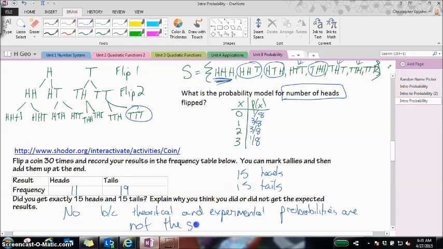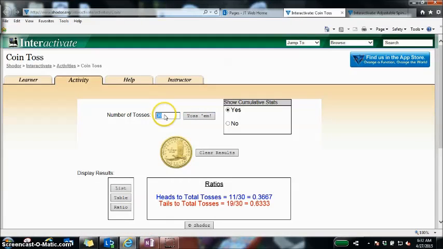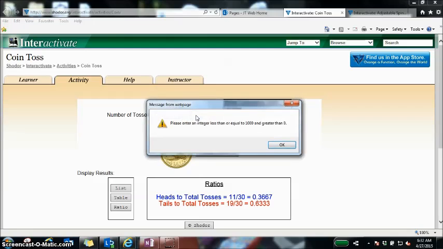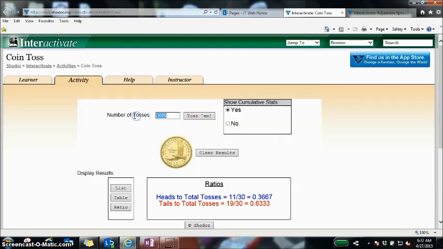What we expect and what happened is not exactly the same. If it was, we'd all go gambling and win a bunch of money. But as n gets closer, as we keep increasing, we keep doing this experiment, should we get closer to 50%? So let's make this 3,000. I guess they won't let me do 3,000. We'll toss it 1,000 times.